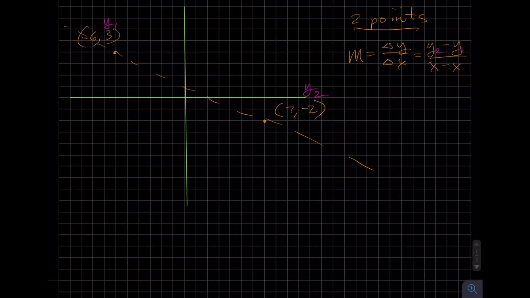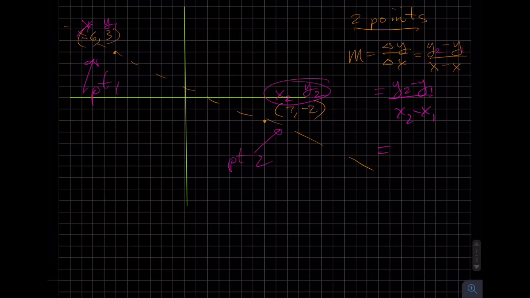So this is going to be point 2, and this will be point 1. And we have to be consistent in that, or our calculations are going to be wrong. So I'm going to have y2 minus y1, and then I must take x2 minus x1. This is my x2 because it goes with the y2, and this is x1.